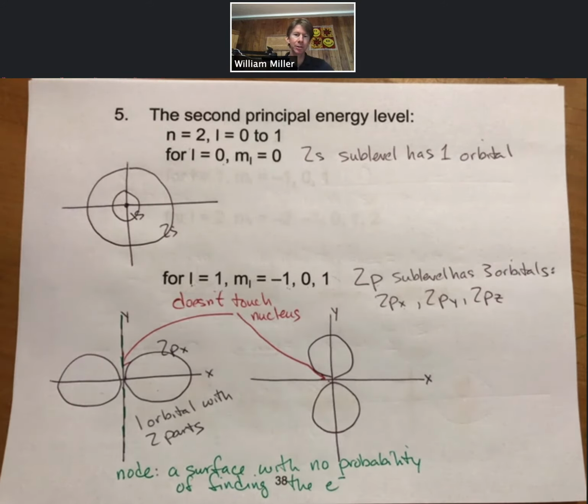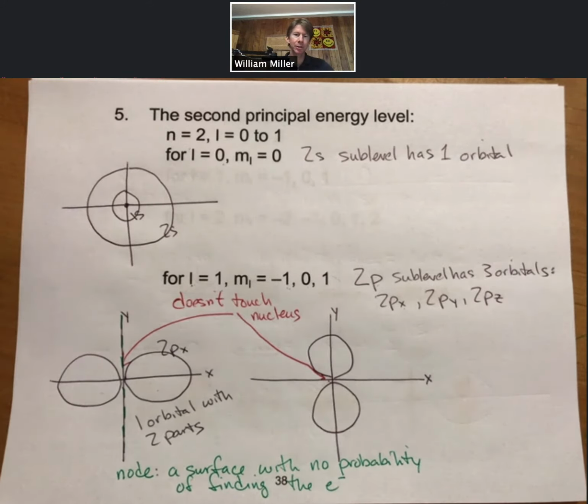And of course, the way I've drawn it, the z-axis is coming out of the page, so there'd be a third one coming out of the page and going down into the desk here. Okay, and just because it's a little complicated, we won't draw it, but you get the idea.